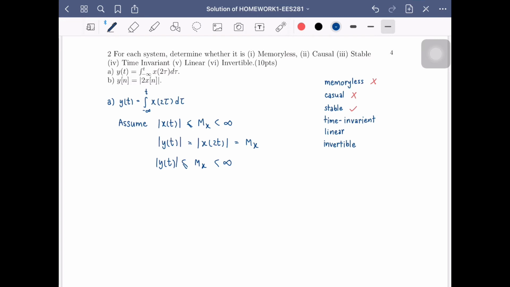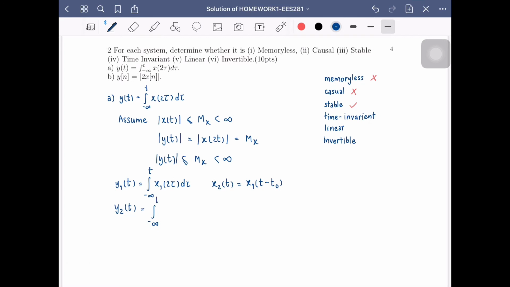And then we have to check time invariance. We start with y1(t) equal to the integral from minus infinity to t of x1(2 tau) d tau, and we get x2(t) equal to x1(t minus t0). Then y2(t) is equal to the integral from minus infinity to t of x2(2 tau) d tau.